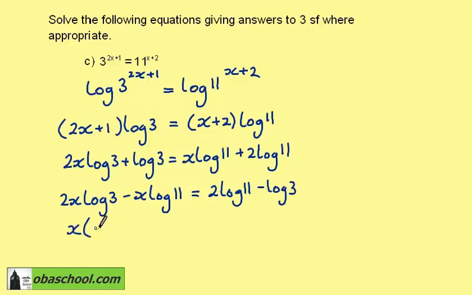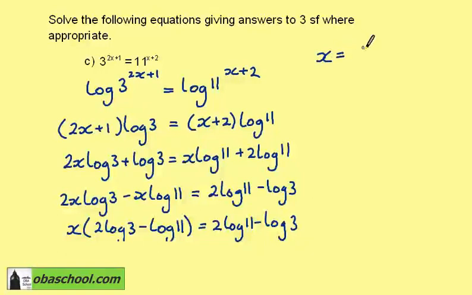Taking out the common x, we get 2 log 3, take away log 11, and on this side we have 2 log 11, take away log 3.